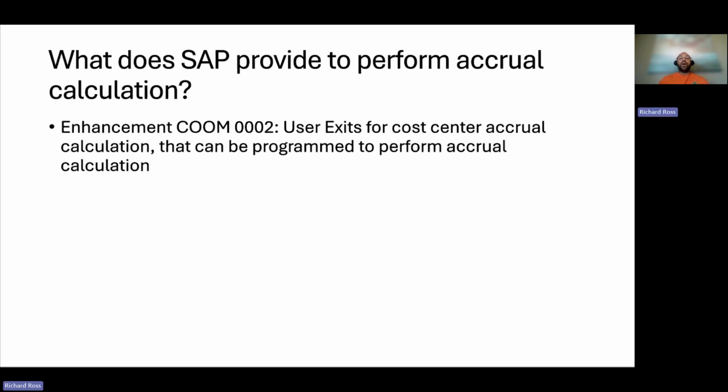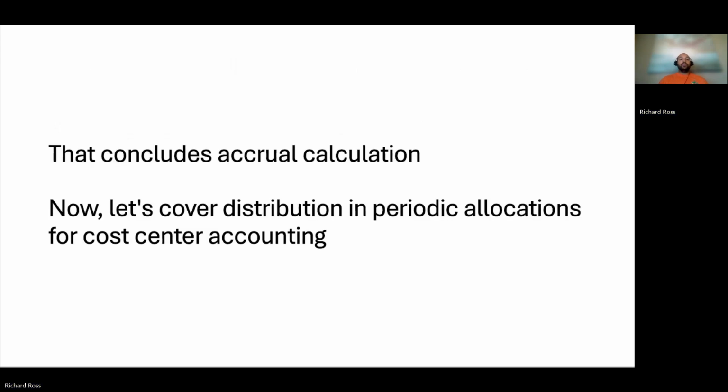What does SAP provide to perform accrual calculation? Enhancement COOM, user exits for cost center accrual calculation that can be programmed to perform accrual calculation. That concludes accrual calculation. Now, let's cover distribution and periodic allocations for cost center accounting.